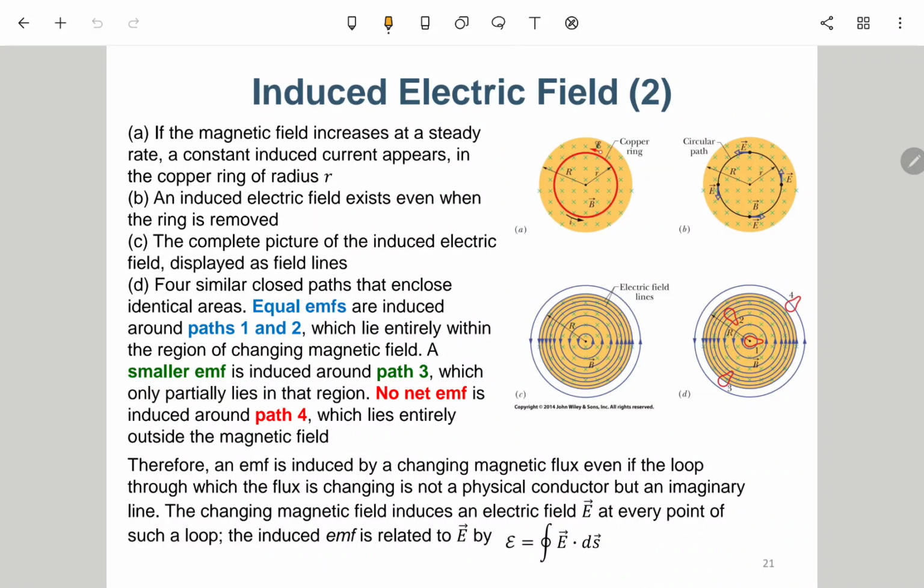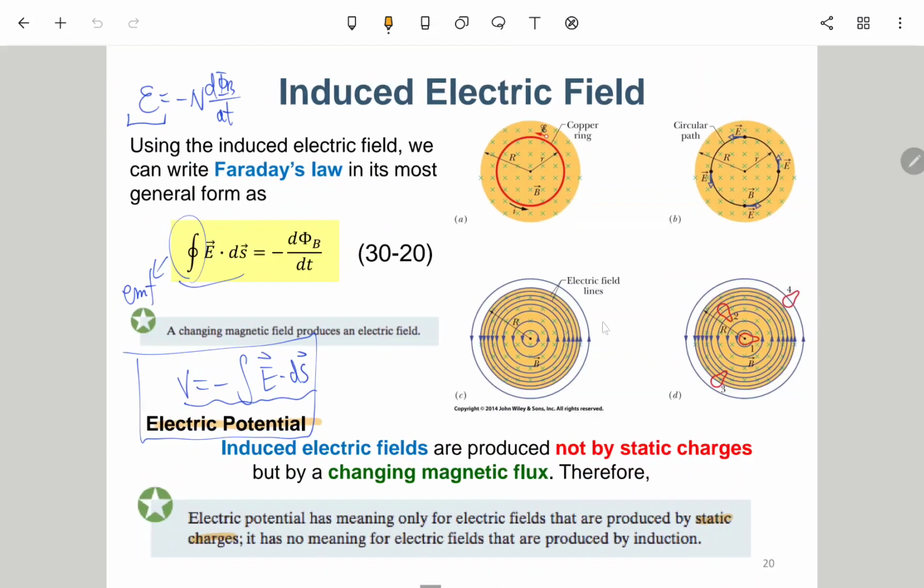Here, how we should use this is similar to Ampere's law. In chapter 29 we already learned Ampere's law. On the left side we have something similar: at that time it was the integration of B dot ds for a closed loop, and here it is the integration of E dot ds.